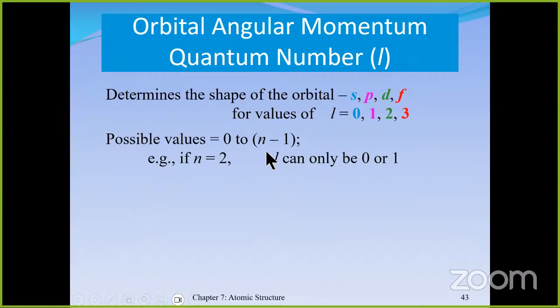One thing I need to mention at this juncture is that when it comes to the L value, the possible values of L go from 0 to n minus 1. Now remember, n is what we talked about in the previous slide. It is the principal quantum number, right? So basically, the values of L are dependent on the value of n. n represents what we call the shells or the energy levels of the orbitals, while the L value represents what we call the subshells, right?